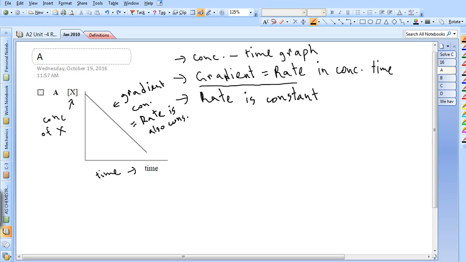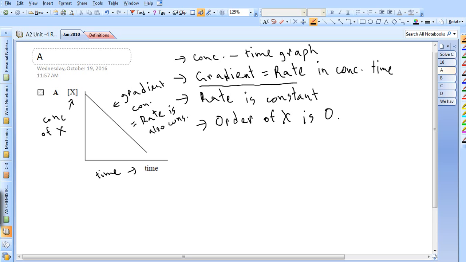Since the rate is constant, and we can see that as the time moves on, the concentration of X falls, ultimately this will give the order of reaction, order of X is 0.